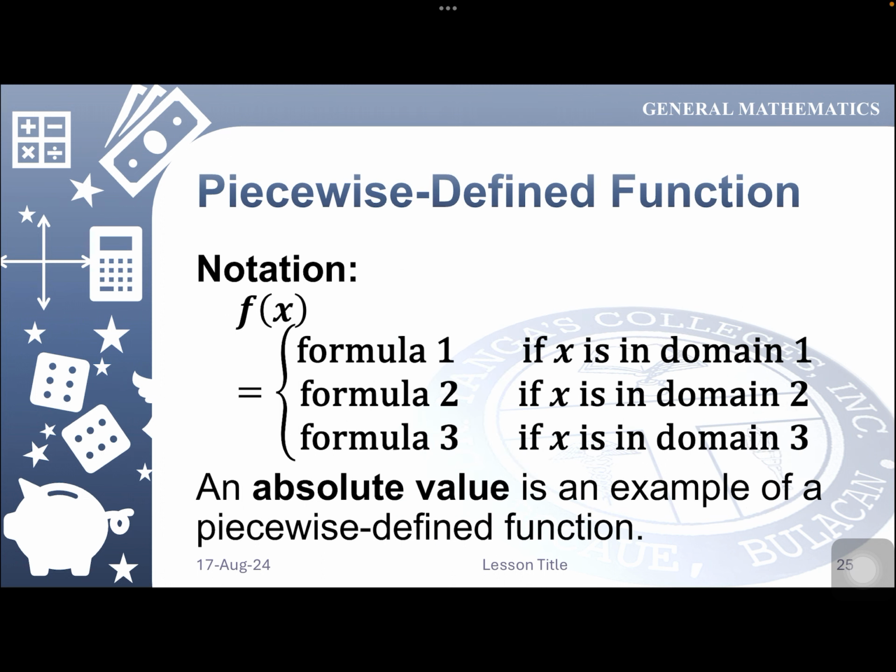If we see any function that looks like f of x is equal to braces, and it doesn't just have one formula because it has a lot of domains, then it is called a piecewise defined function.